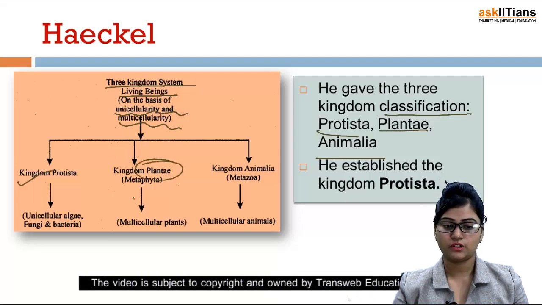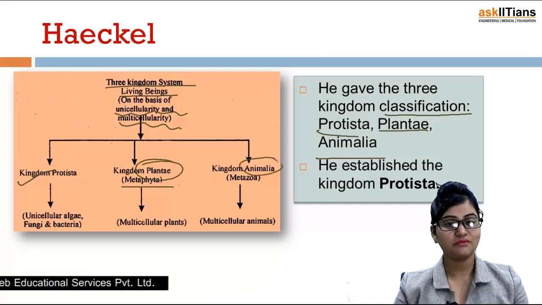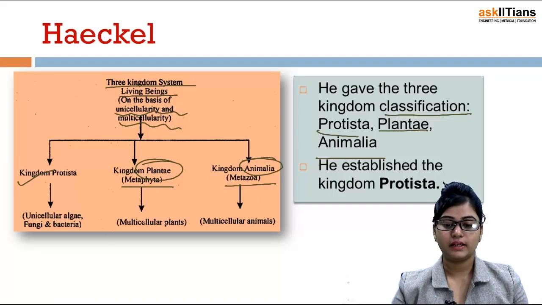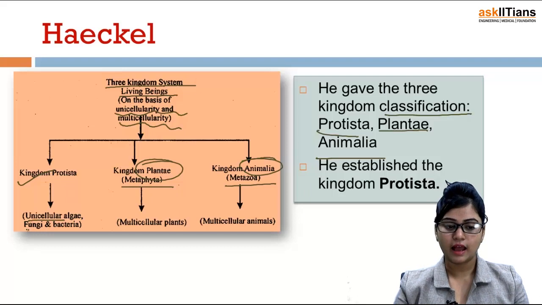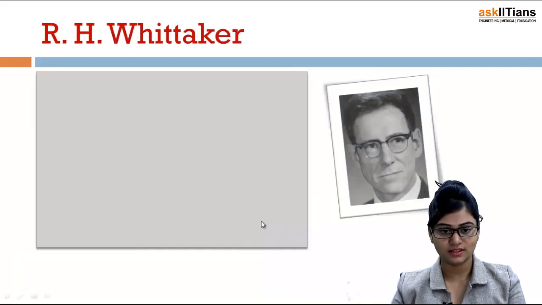Kingdom Protista was the first kingdom, then came Kingdom Plantae, also known as Metaphyta, and Kingdom Animalia, which he called Metazoa. Kingdom Protista had unicellular algae, fungi and bacteria, Kingdom Plantae had multicellular plants, and Kingdom Animalia had multicellular animals.